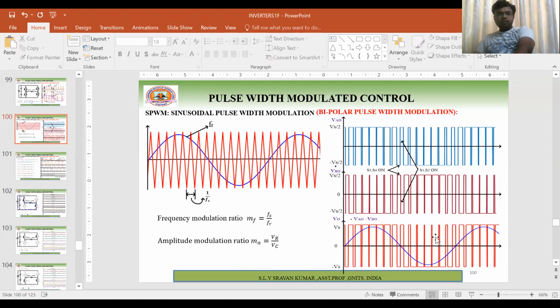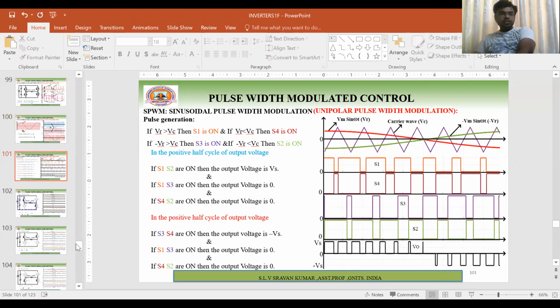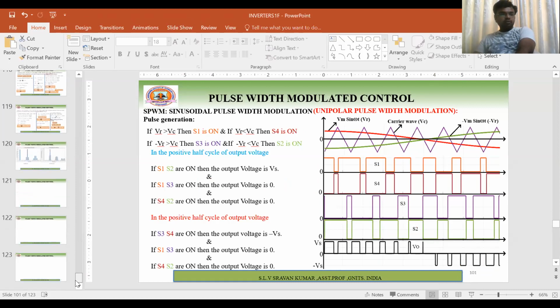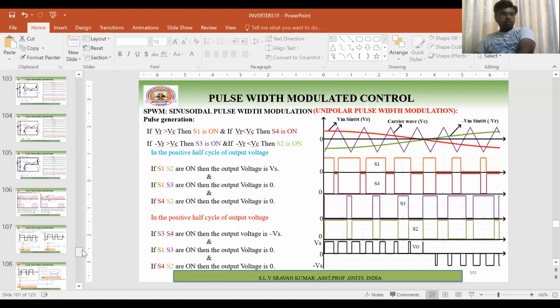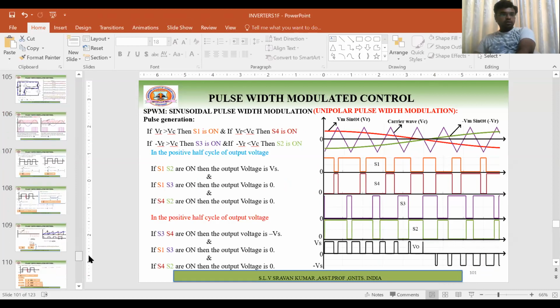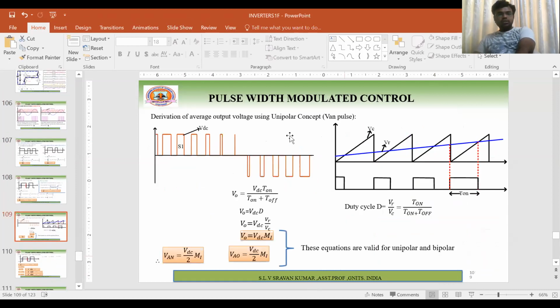For bipolar, these two. And write down some equations, what I have just shown. These are the equations for output voltage. This is sufficient for the examination point of view.